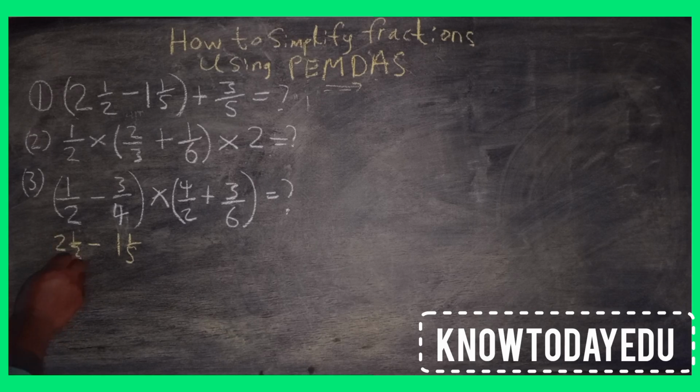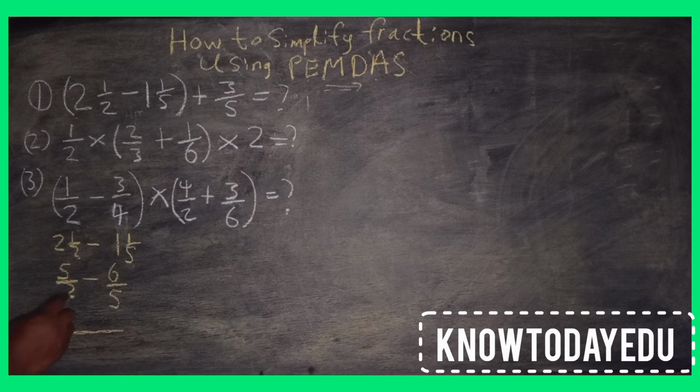So we have 5 on 2 minus 5 times 1, it is 5 plus 1 will give us 6 on 5. Okay. Now to solve this, we look for the LCM of 2 and 5. So LCM, lowest common multiple, is 10.